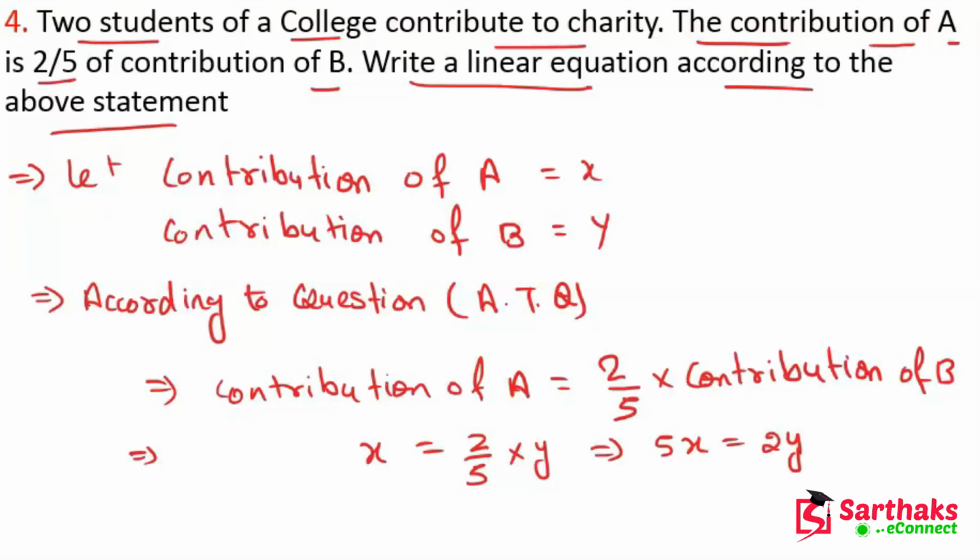So we get 5x minus 2y is equals to 0. So this is a linear equation in two variables.